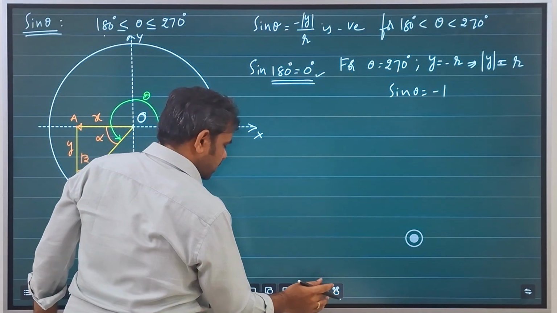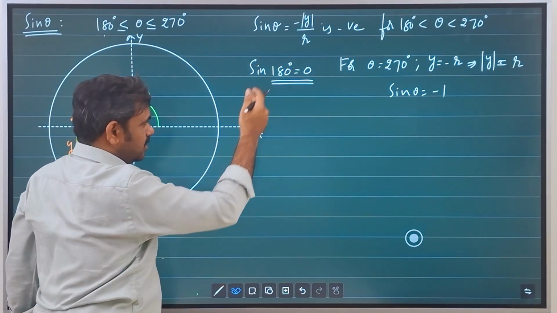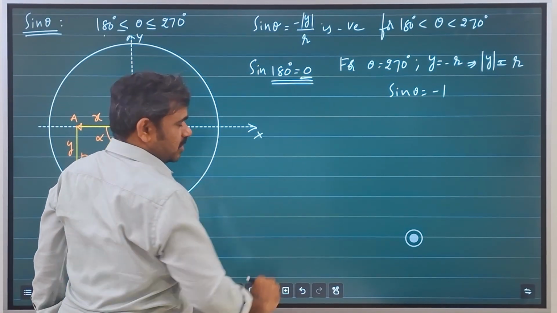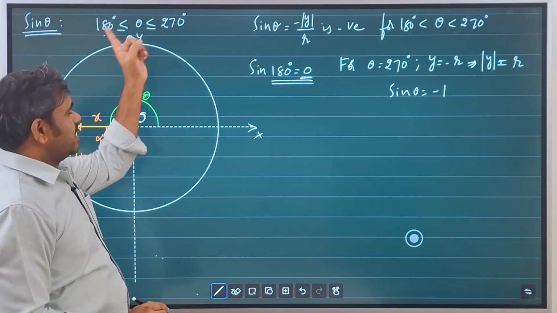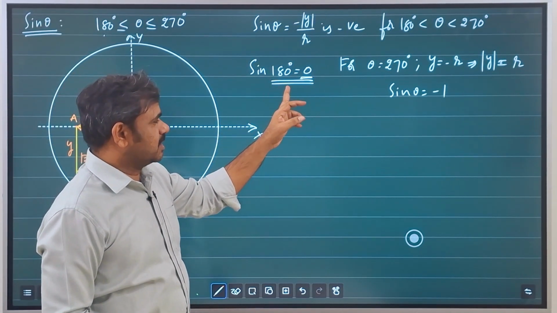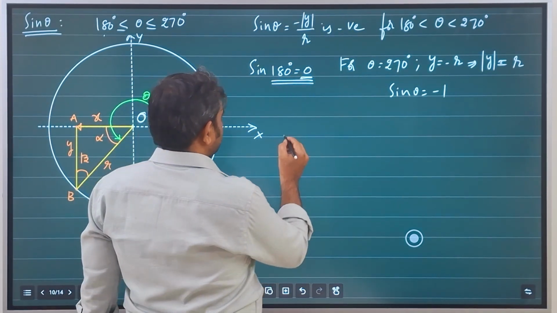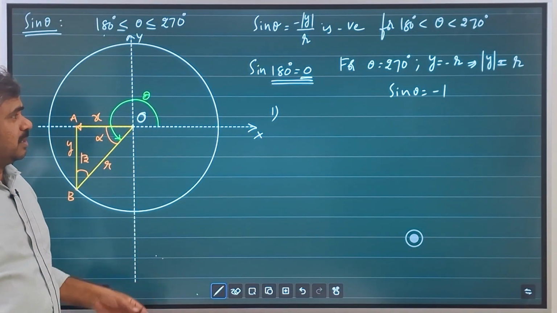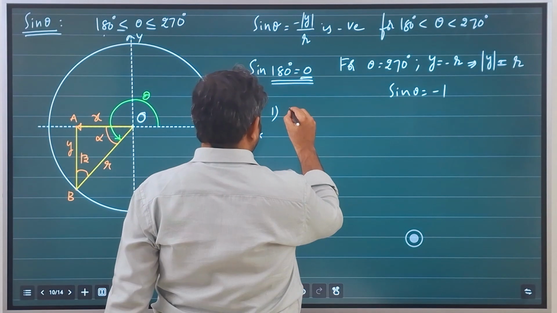It's not really a decrease in degrees, it's just a ratio of sides. This is just the number 0, not 0 degrees. So as theta increases from 180 degrees to 270 degrees, sine theta decreases from 0 to minus 1. That's one conclusion we come to.